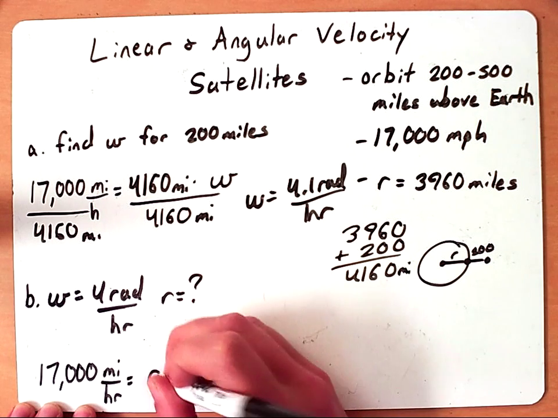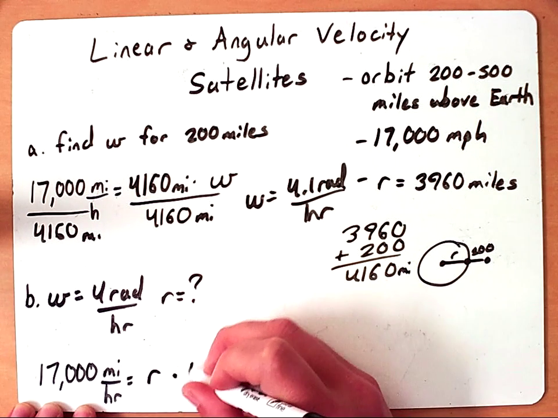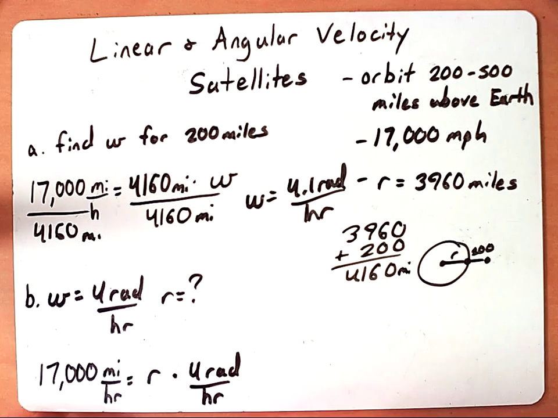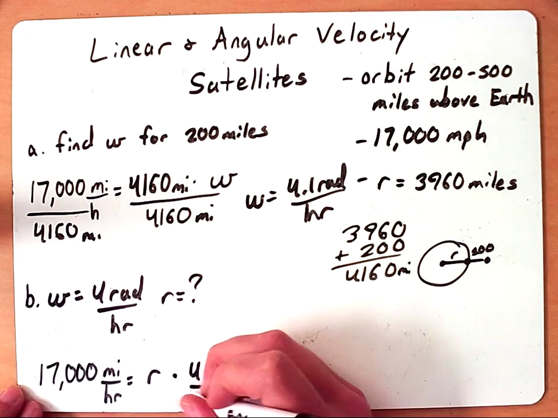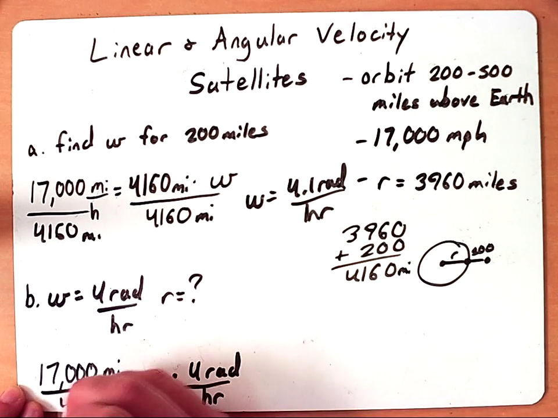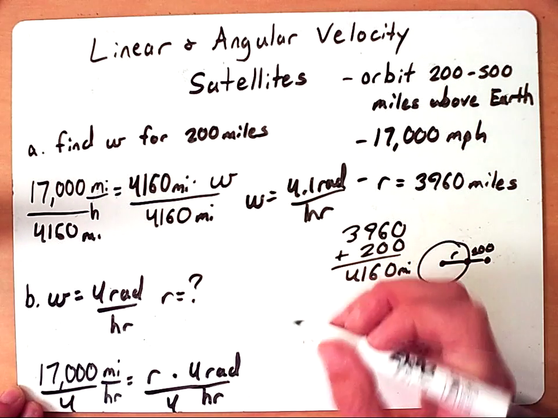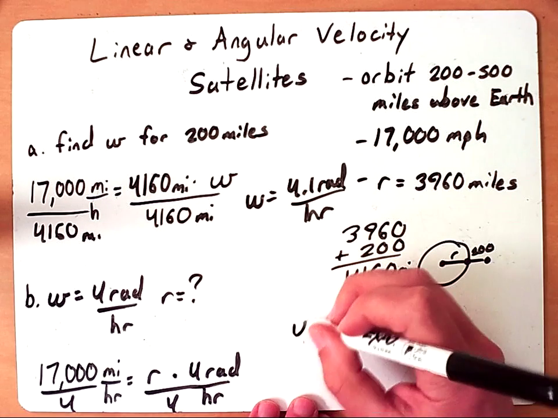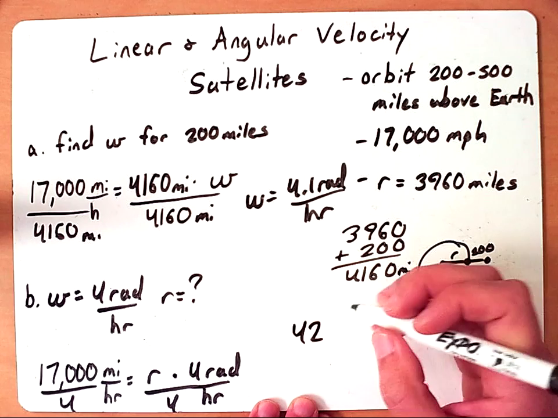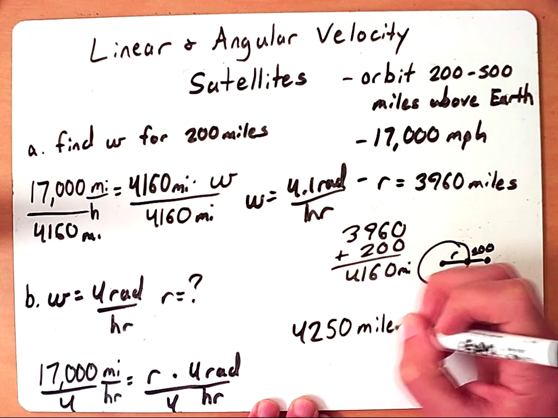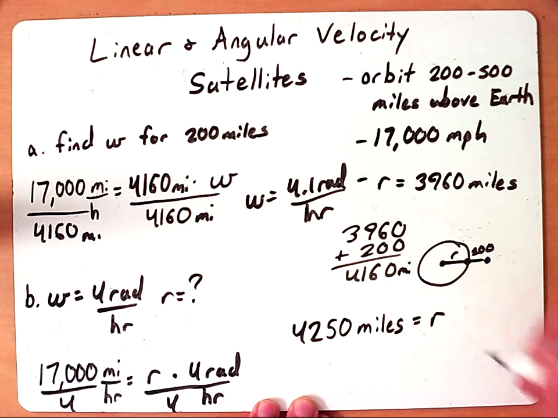This time we're looking for R, and we know W, 4 radians per hour. So this means we're just going to divide both sides by 4. 17,000 divided by 4 gives me 4,250. This would be miles equals R.